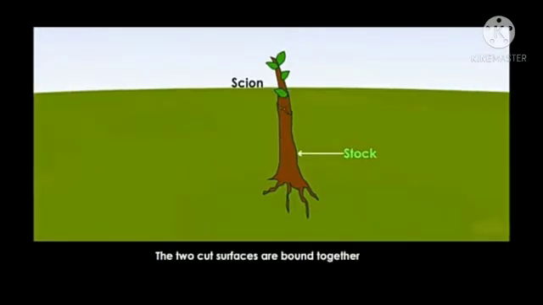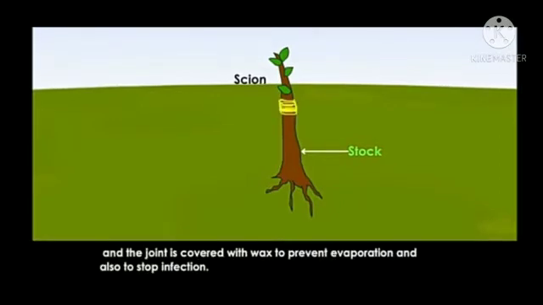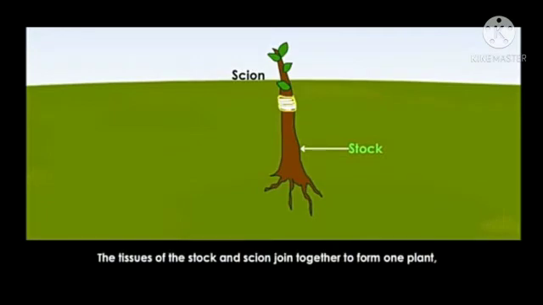The two cut surfaces are bound together and then covered with wax to prevent evaporation and also to stop infection. The tissues of the stock and scion join together to form one plant.